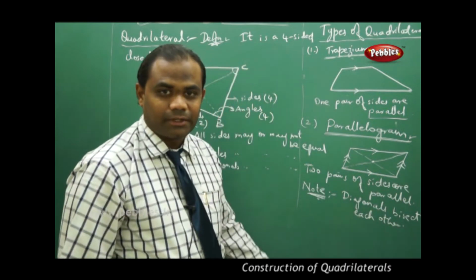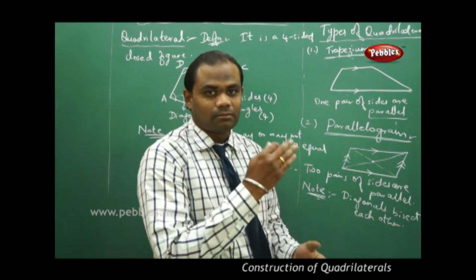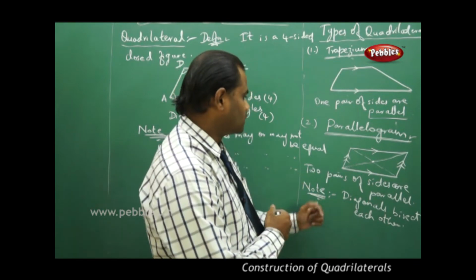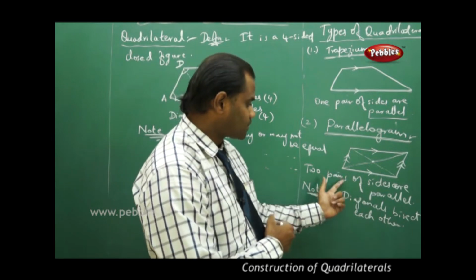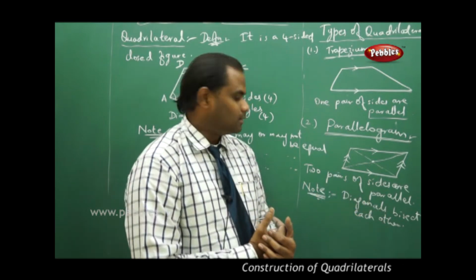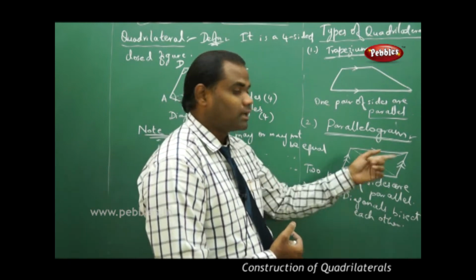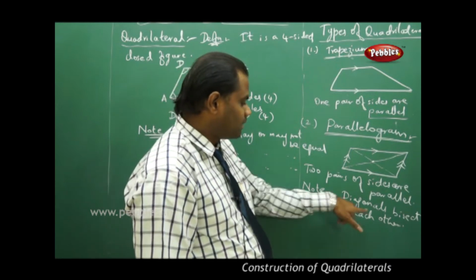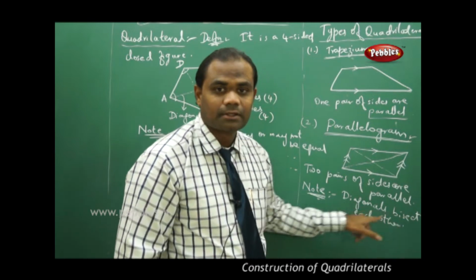So diagonals bisect each other in case of a parallelogram, where one diagonal cuts the other diagonal exactly at the middle point. So this is an identified property in parallelogram, along with its definition, which states that two pairs of sides are parallel and the diagonals bisect each other. Of course, the diagonals are not equal. One diagonal will be longer and the other diagonal will be shorter. But the identified mathematical property is that in case of a parallelogram, diagonals bisect each other.